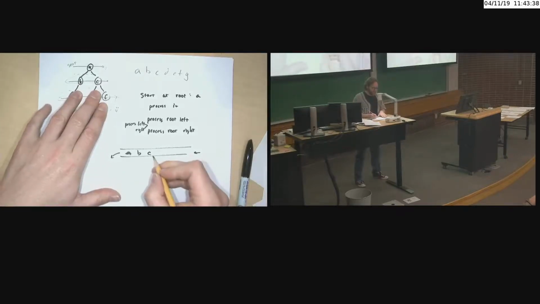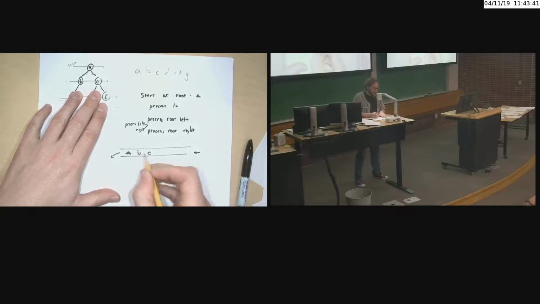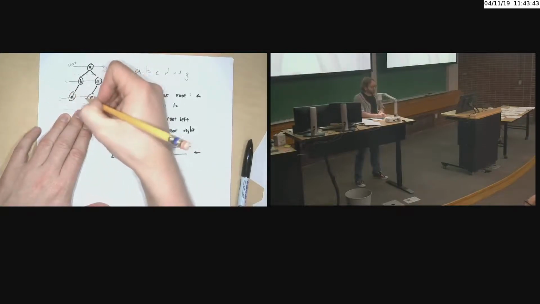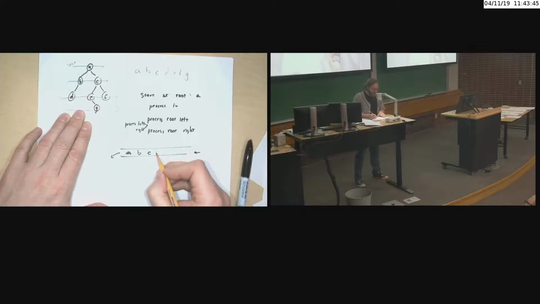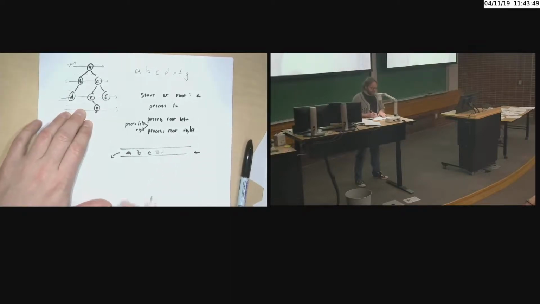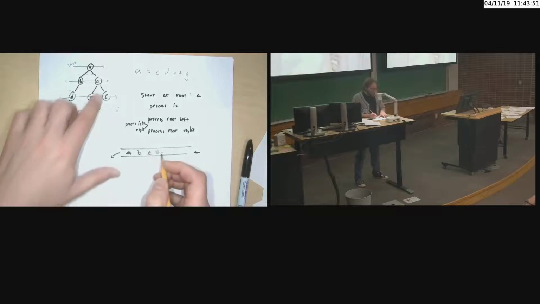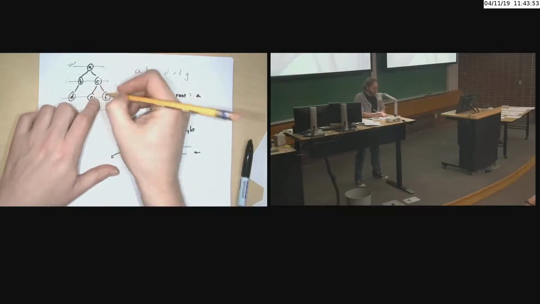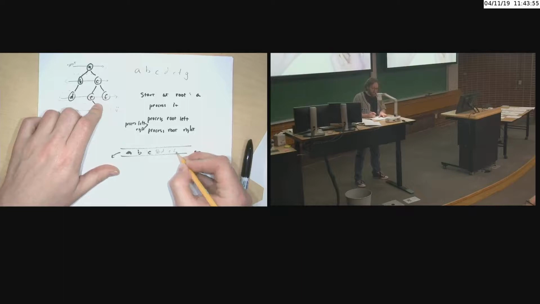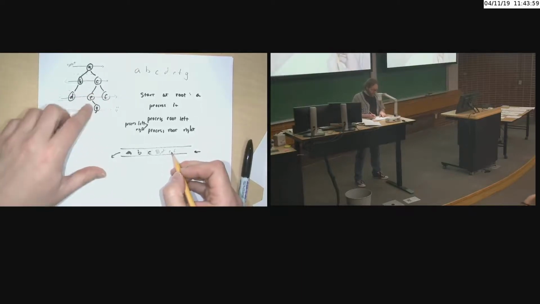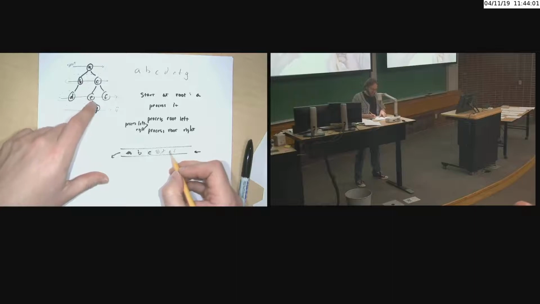Right? Then I take B out, and I do its left child and its right child, but there is no right child. So I go ahead and put in D next. Then I dequeue, and now I've got C. C, I do its left child and its right child, so E and F. And then D is done.